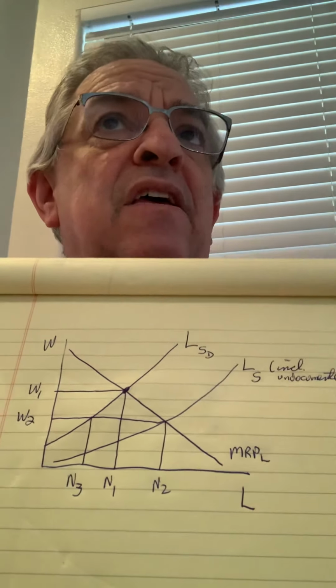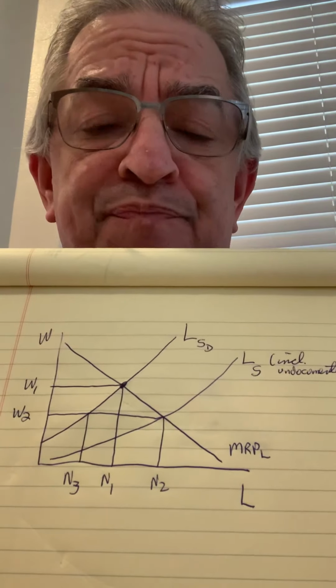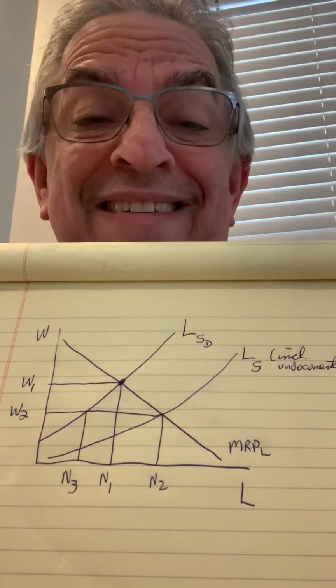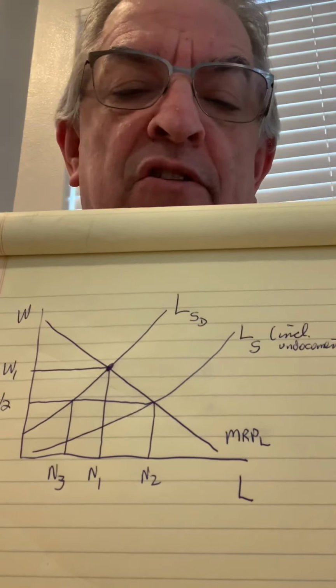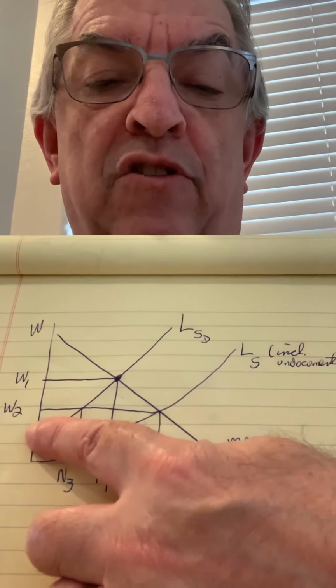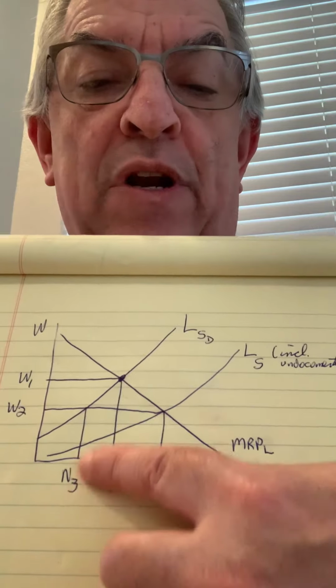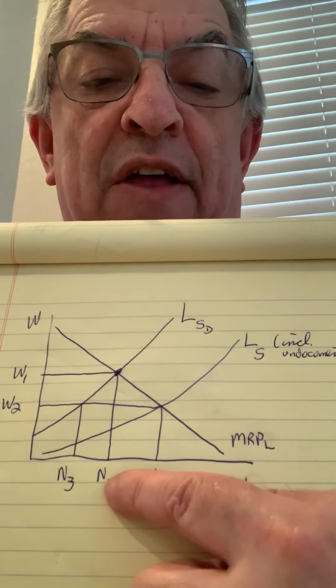So they haven't taken away the jobs per se, but they've reduced quantity supplied by native born workers, because at the lower wage W2, only N3 of them want to work instead of N1.